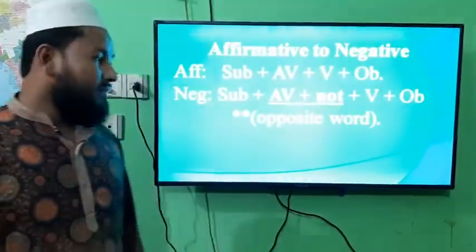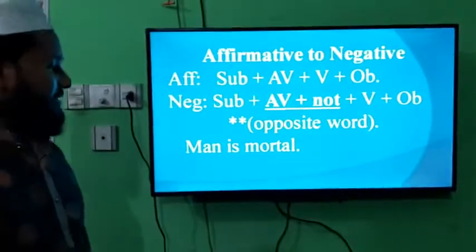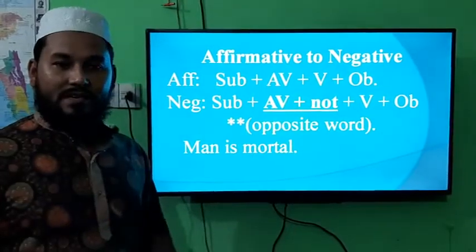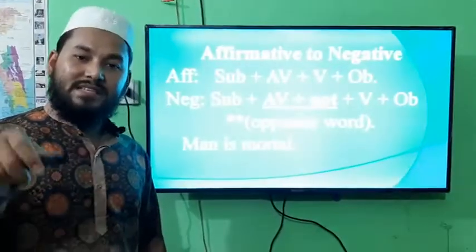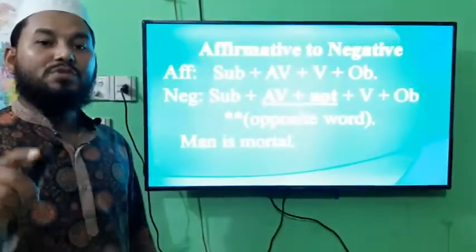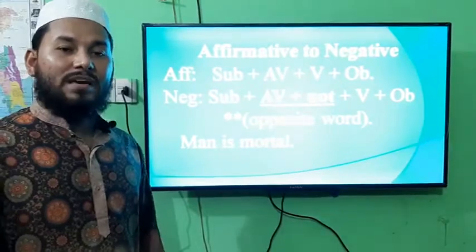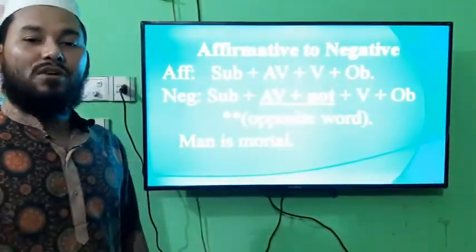Okay. For example, man is mortal. Man is mortal. If you want to make this sentence negative, what should we do? At first, we have to input the negative not in this sentence. Where will you input? After the auxiliary verb. What is the auxiliary verb here?